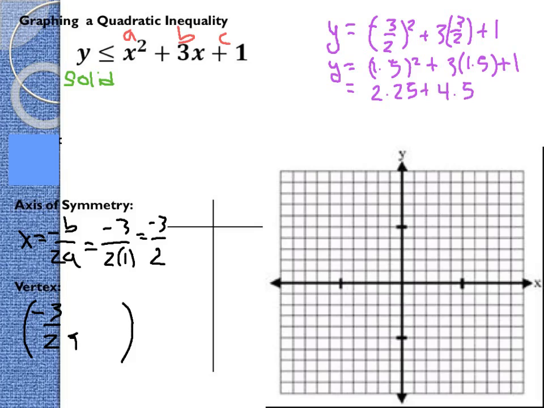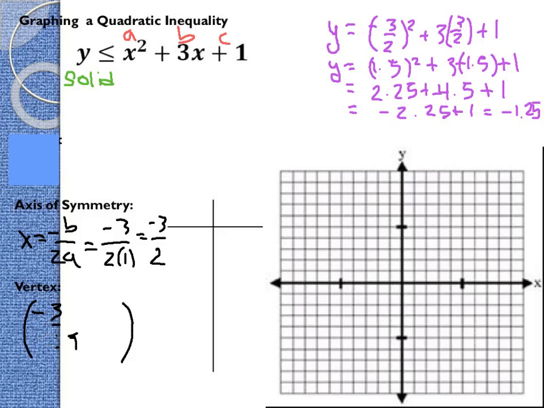Oops, that should be negative 4.5 plus 1. So negative 2.25 minus 4.5 is negative 2.25 plus 1, which is negative 1.25. So now I have my y-coordinate.